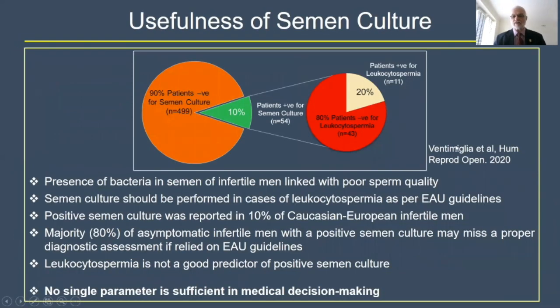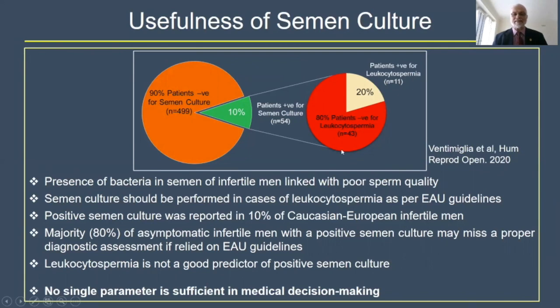In another study, by Ventimiglia, also from last year, these authors investigated more than 500 patients. In 90% of these patients, the semen culture was negative. However, in 10%, the semen culture was positive, and when they analyzed these 10% further, only 20% of these patients were positive for leukocytospermia.